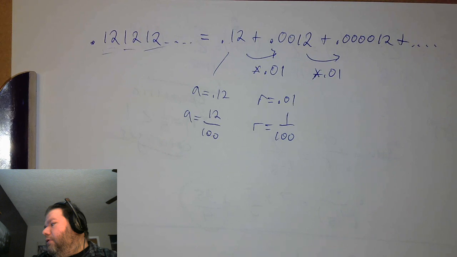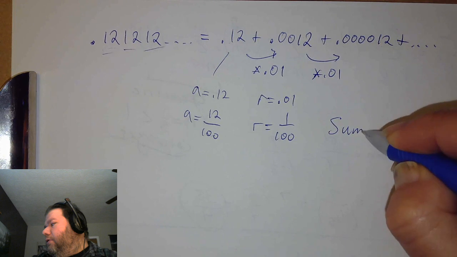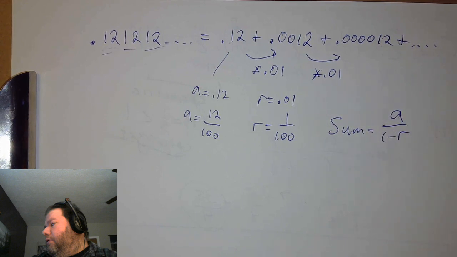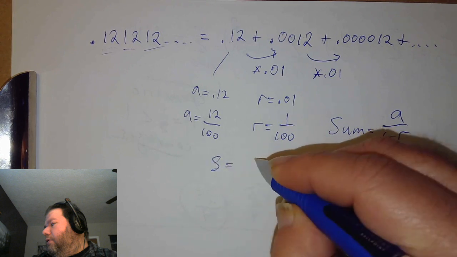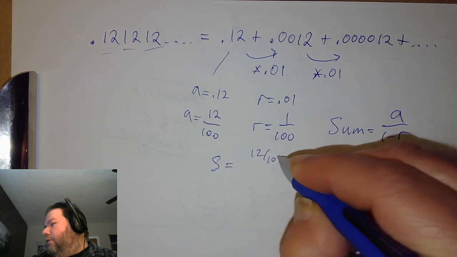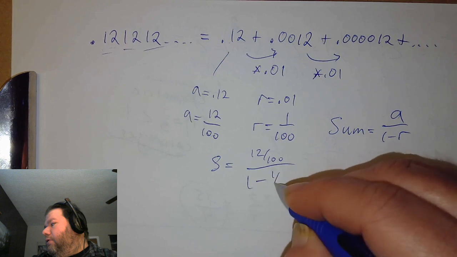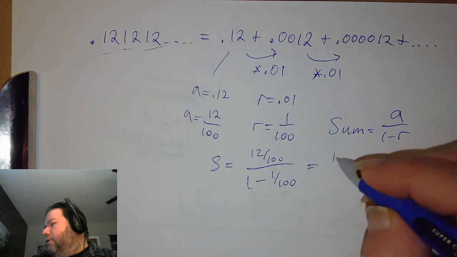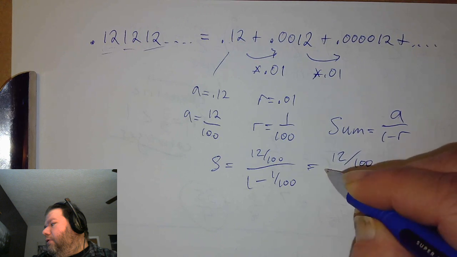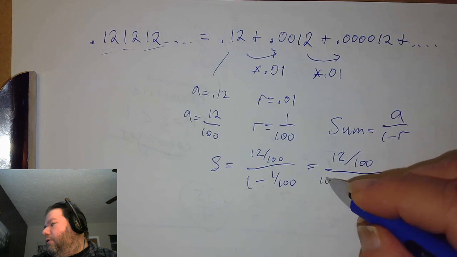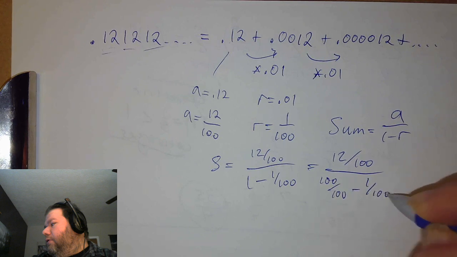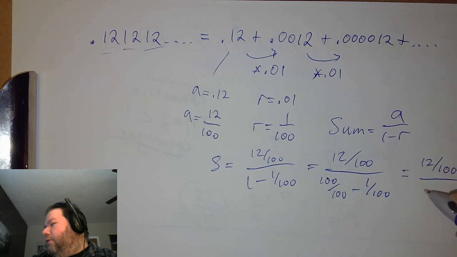Alright. So our sum is a over 1 minus r. So that's 12 over 100 over 1 minus 1 over 100. Now, 1 we can think of as 100 over 100 minus 1 over 100, which gives us 99 over 100 in the denominator.